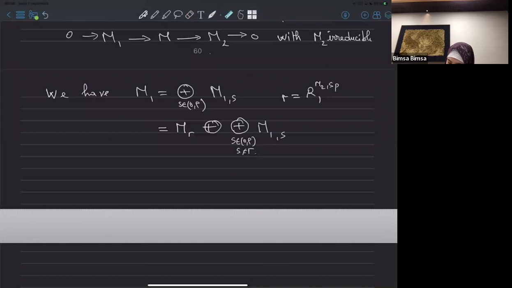Then we will probably have, we know that each term is a direct sum with M2.